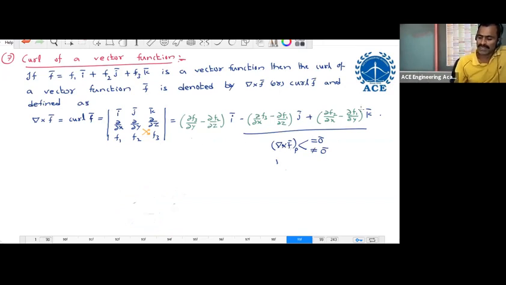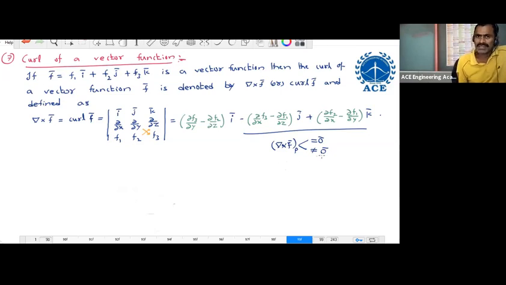Del cross F bar is a vector because curl converts the vector function to vector function. Output is vector. That is why this may be zero vector, may not be zero vector. So if we calculate the curl at a particular position in a flow of quantity, that may be zero vector, may not be zero vector.